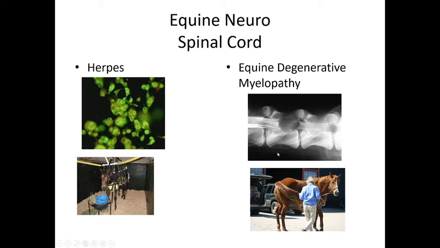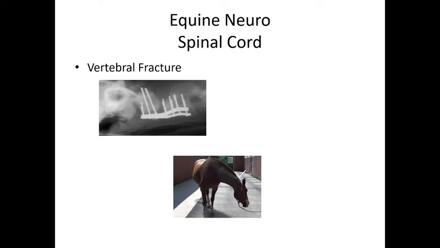Equine degenerative myelopathy, there are a lot of different possible causes for this. One could be low vitamin E or low selenium in the diet. But again, it's a progressive disease over time that will cause degeneration of the spinal cord. Here's somebody doing a neurologic exam on a horse.